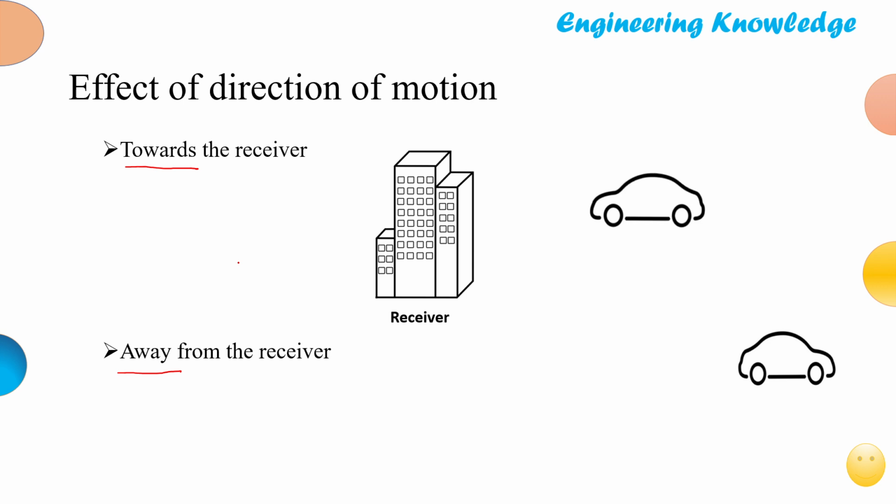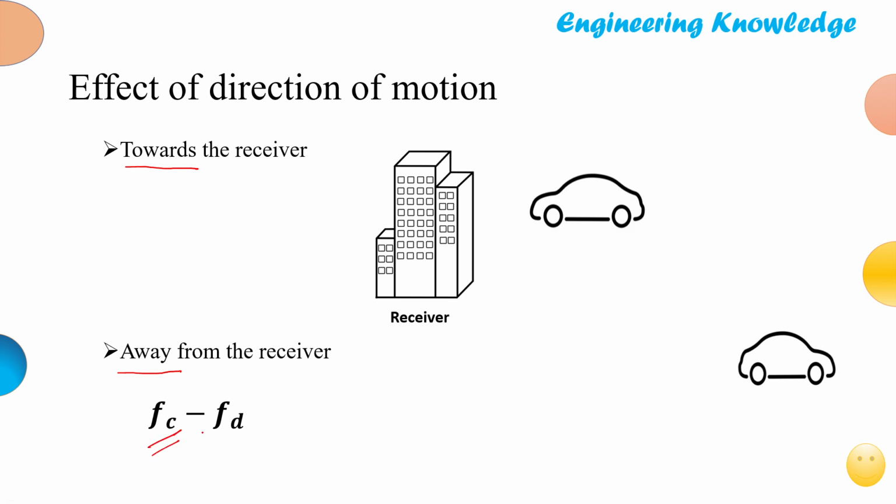When we are moving towards the receiver, we will experience a frequency which is larger than the carrier frequency. When you are away, you will experience a frequency which is less than the carrier frequency, and by how much? By the Doppler frequency. Similarly, in the case where it is towards the receiver, then it will be Fc plus Fd, which means it will be increased. So it is relative, and it will basically be Fc plus or minus Fd depending on whether it is coming towards or moving away from the receiver.